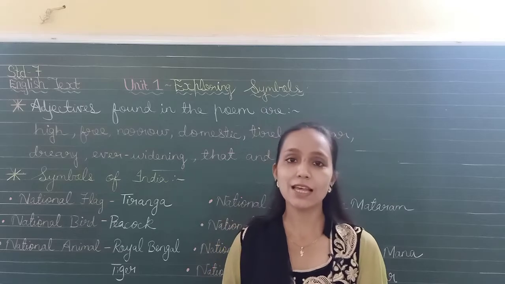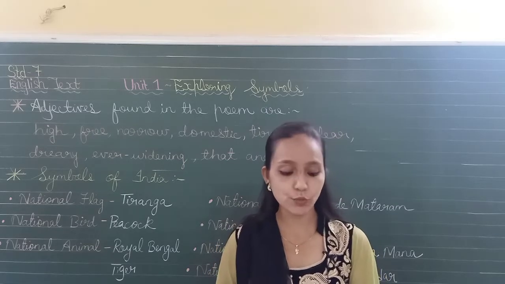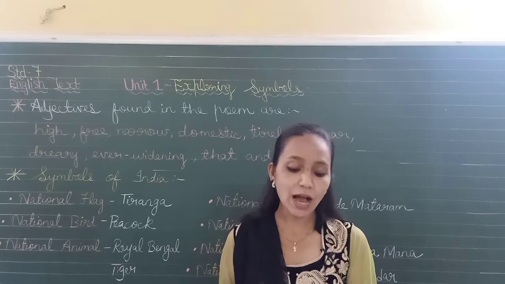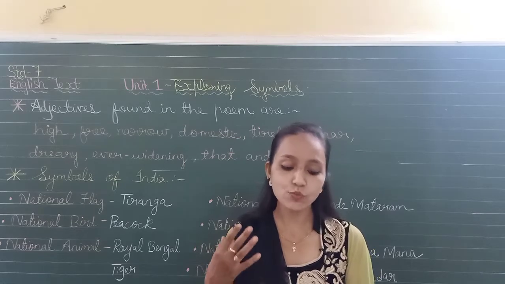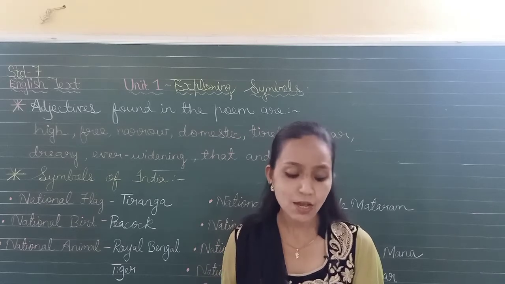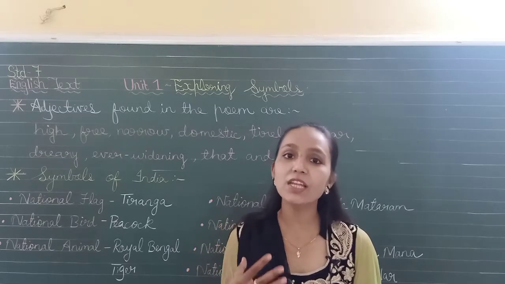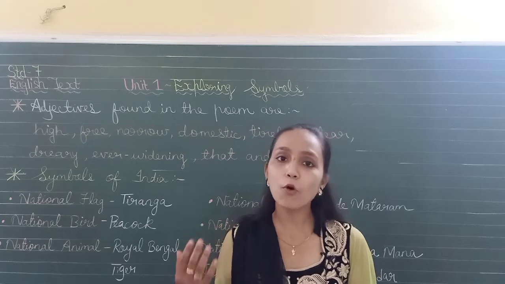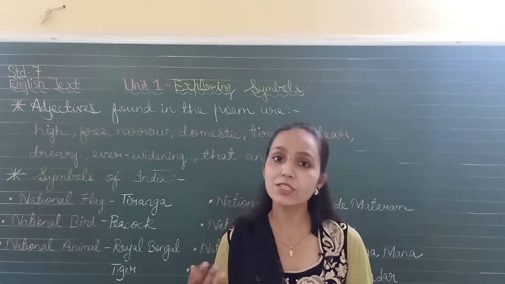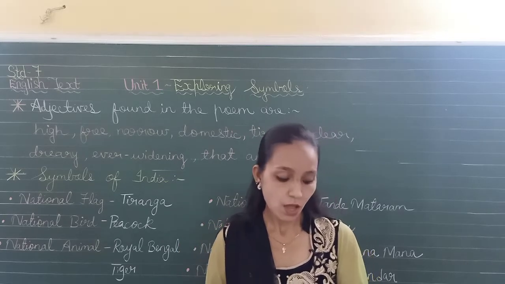Okay, so this is an exercise in your textbook where you have to match the words and meanings. Then you have to find which lines or which words help you understand whom the poet is talking to. The poet is talking to someone in the poem. So who is the poet talking to? The poet is talking to God.